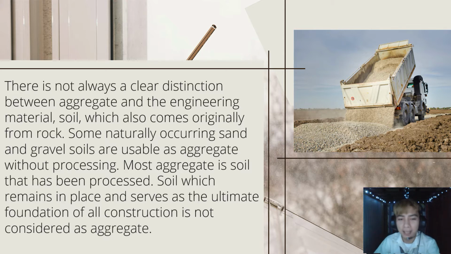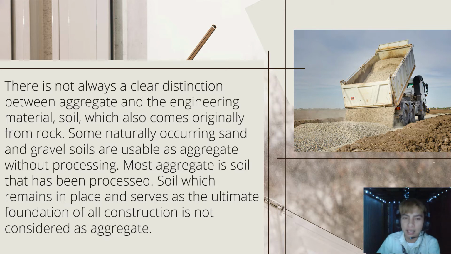So, sa madaling salita, ito na lang ang sasabihin ko. Aggregate cannot be always soil, but soil can be aggregate. So, balik rin natin. Soil can be aggregate, but aggregate cannot be always a soil. So, sinasabi rito na sometimes daw or most of the time, nagkakaroon ng kalituhan sa differences ng soil sa aggregates.